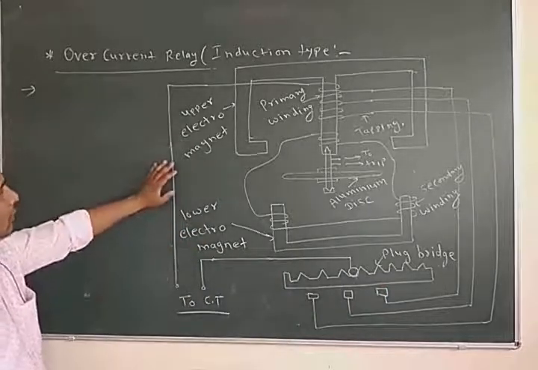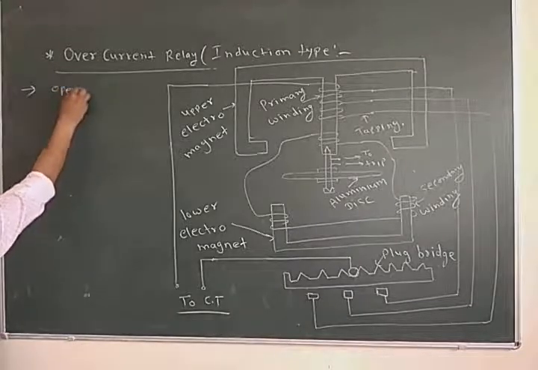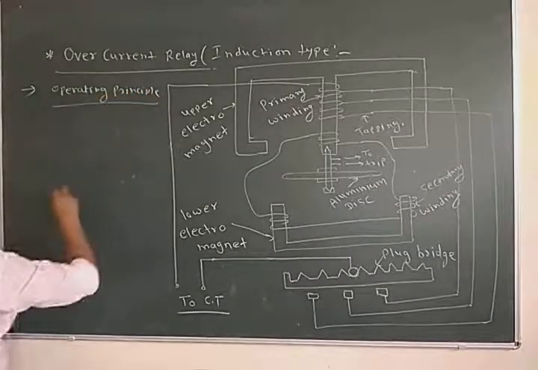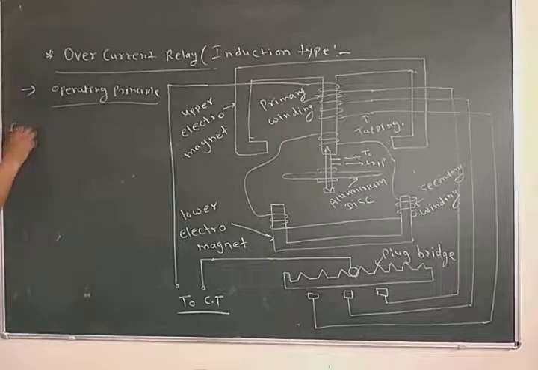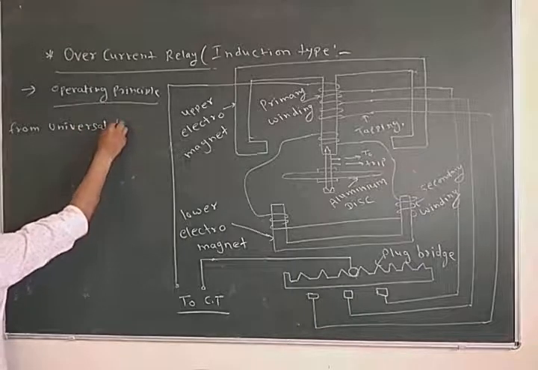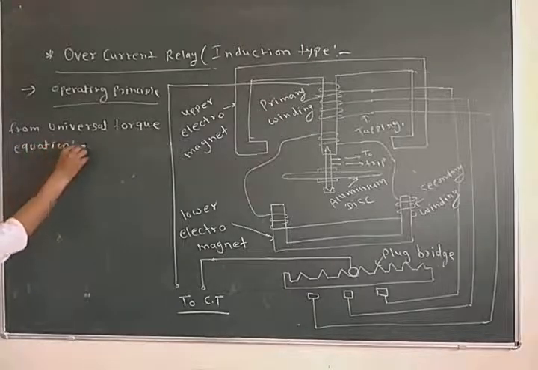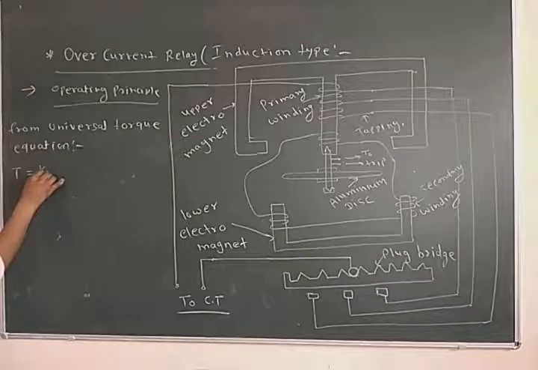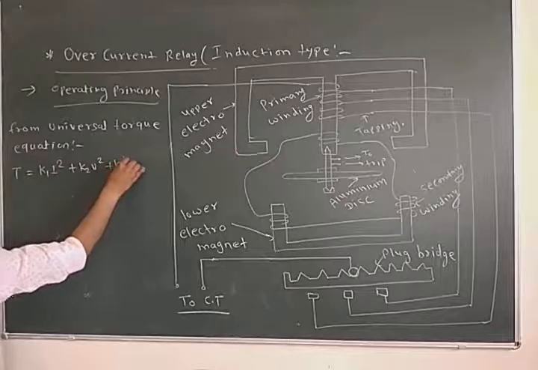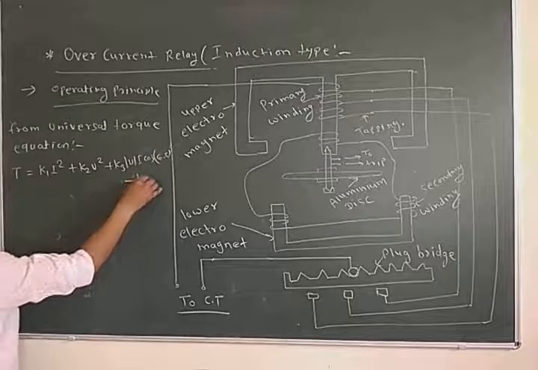Now the operating principle, from the universal torque equation: T is equal to K1 I square plus K2 V square plus K3 VI cos theta minus tau minus K4.